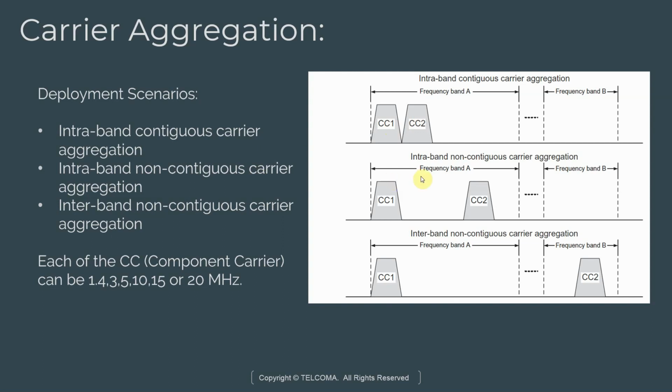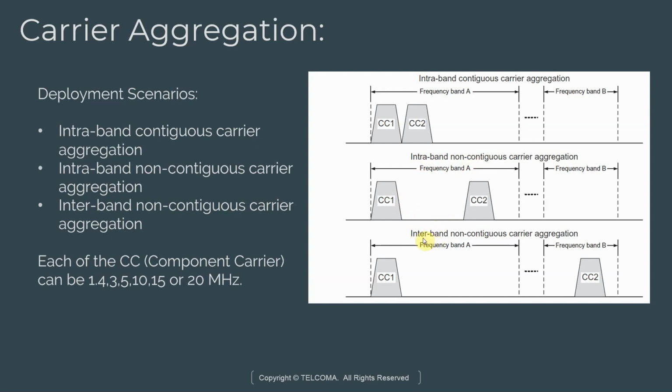Say you had one frequency band and you had two component carriers, but they're not butting up against each other. You could still use CA, but in this case it would be called intra-band non-contiguous. Non-contiguous meaning they have some frequency separation.